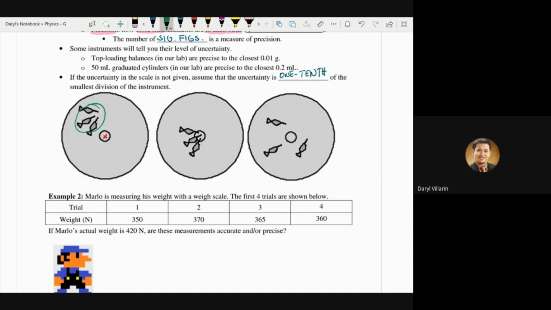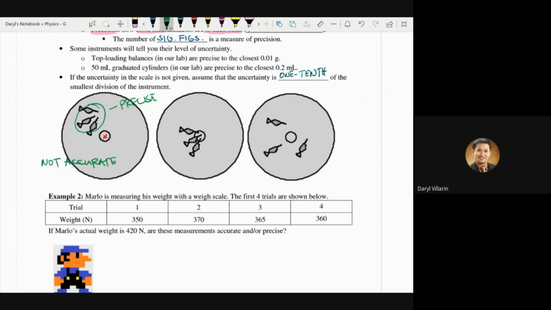So this particular diagram shows that this is precise, but not accurate. This whole thing here is precise, because even though you want to hit the center of this board, you get almost at this upper left portion of it. So this shows that it is precise but not accurate.